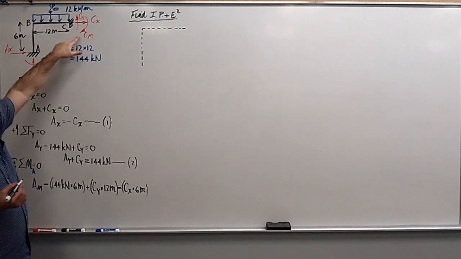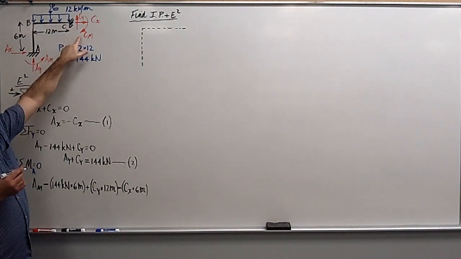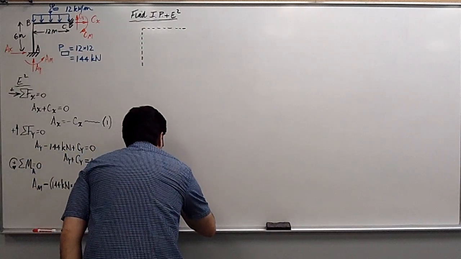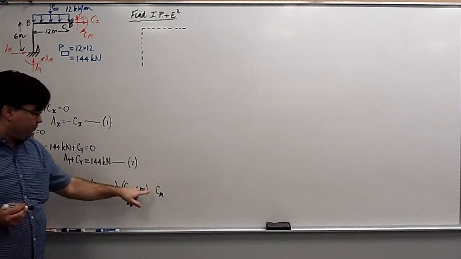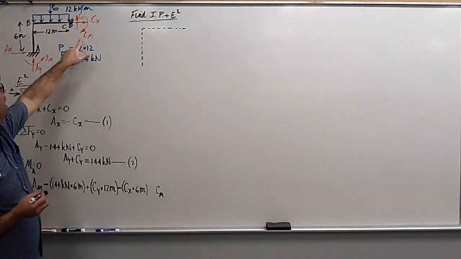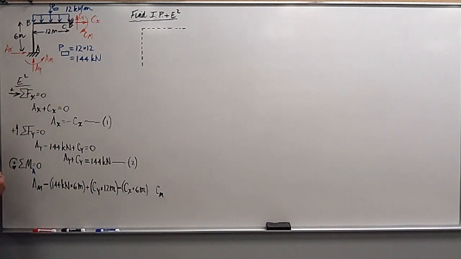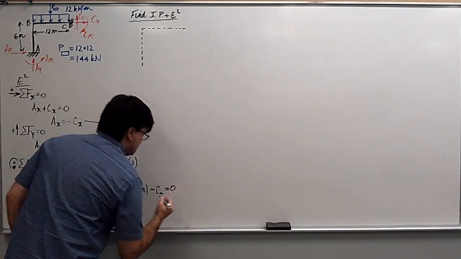And lastly, the moment at C. We don't look at the moment caused by the moment at C. It's a moment already. So we have to figure out if this is positive or negative. I guessed it going in that direction, which is the opposite of positive. So negative. And all of this equals 0.